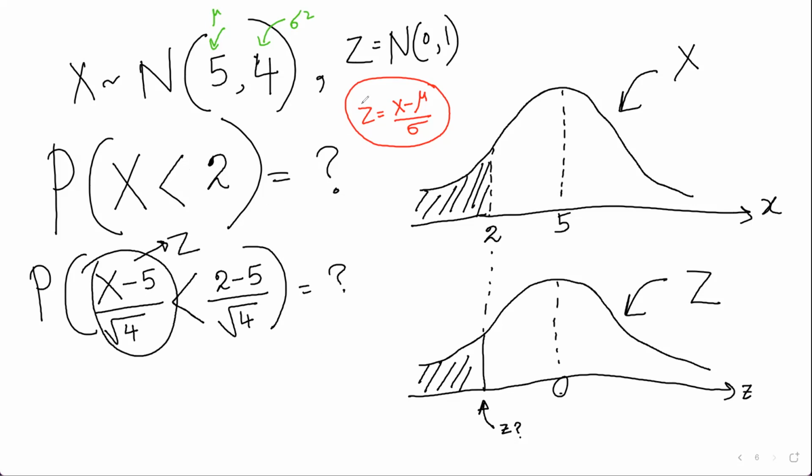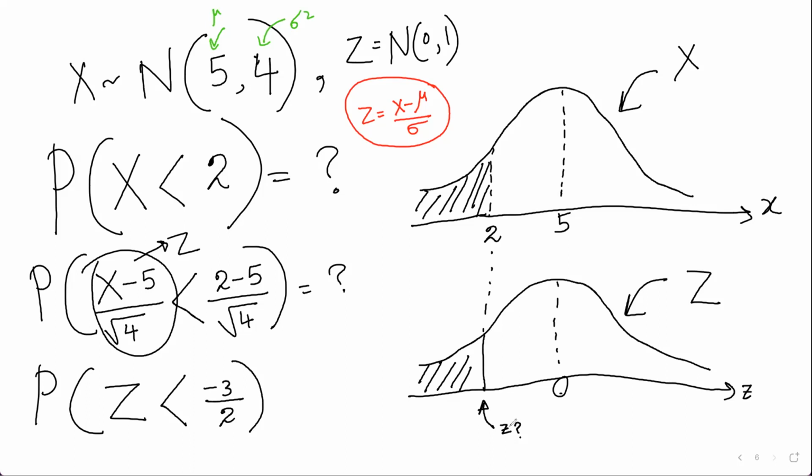Z. Z is x minus mu divided by sigma. So this is Z. Basically, we are asked to compute the probability that Z is less than this quantity. So it is negative 3 over 2.